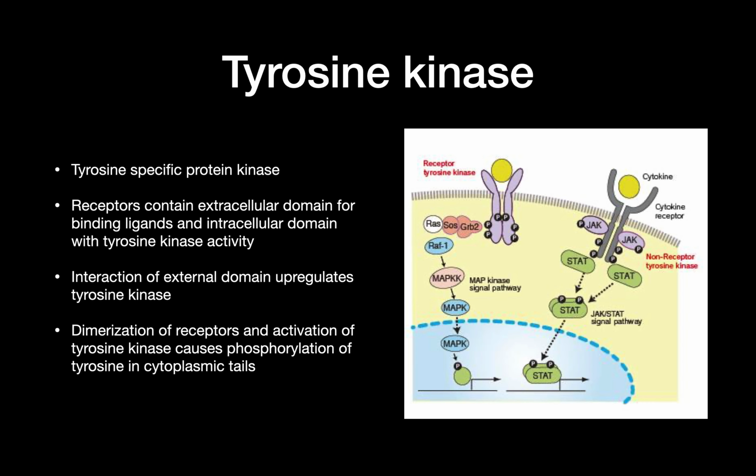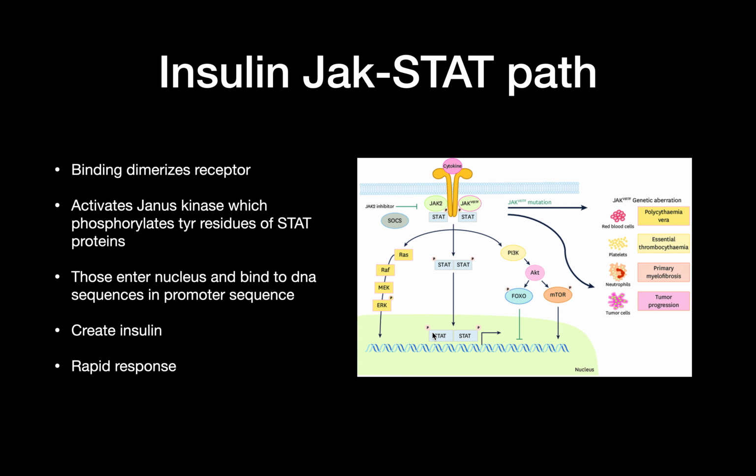So this is the insulin JAK-STAT pathway. These are the non-tyrosine kinase receptors, and once a cytokine is bound to the Janus kinase, the JAK receptor will be dimerized, and that phosphorylates the tyrosine residues of the STAT proteins, and then those will enter the nucleus, and they will bind to the DNA sequences in the promoter sequence, and then through translation, it will create insulin.